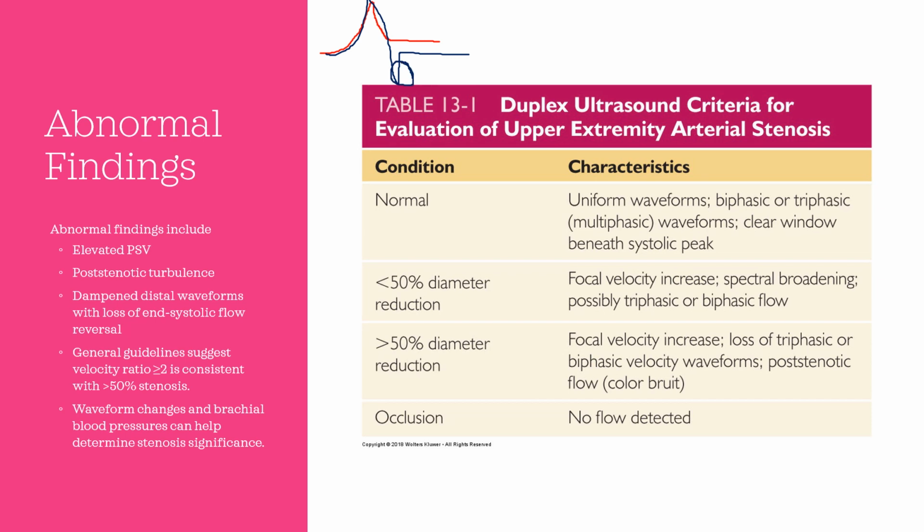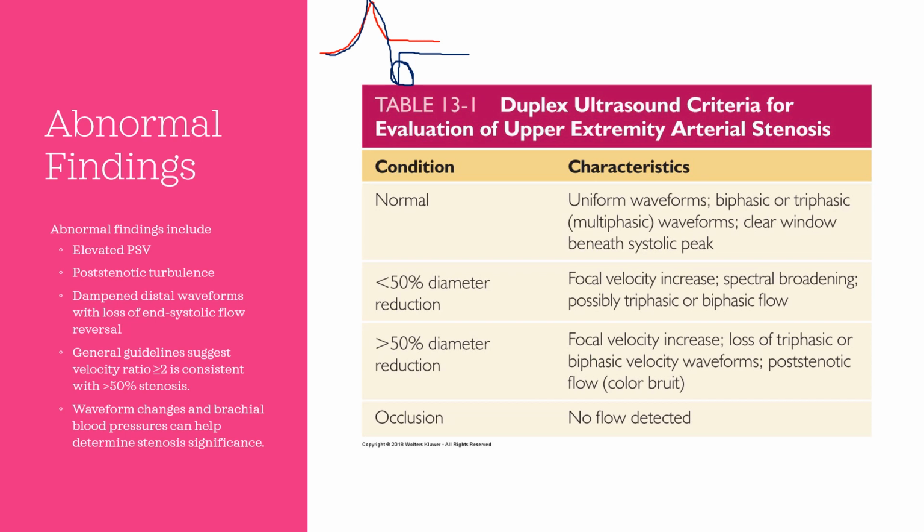This is because that reversal comes from resistance ahead. If this is post-stenotic, we have already decreased enough of the blood volume that we're not able to meet metabolic needs, and so we're not reaching the point of resistance to cause that early diastolic reversal.